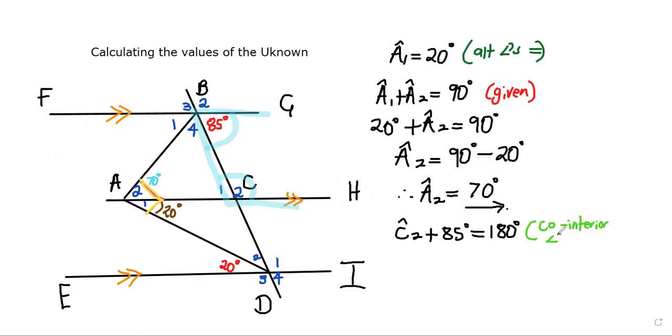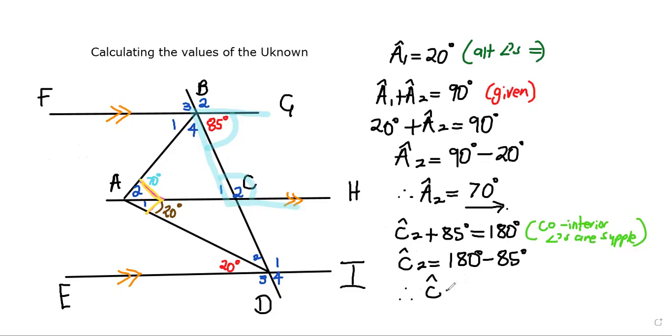Co-interior angles are supplementary. When you say co-interior angles are supplementary, it means they add up to 180 degrees. Now you calculate the value of angle C2. So C2 is equal to 180 degrees minus 85, because you take positive 85, transpose it that side, it changes the sign to become negative.